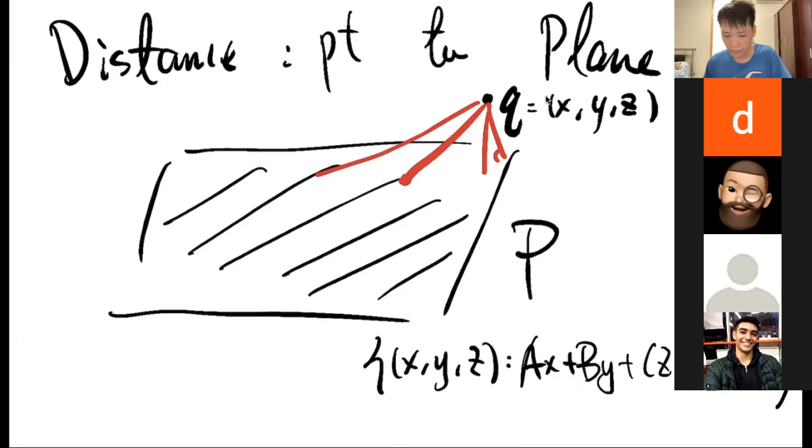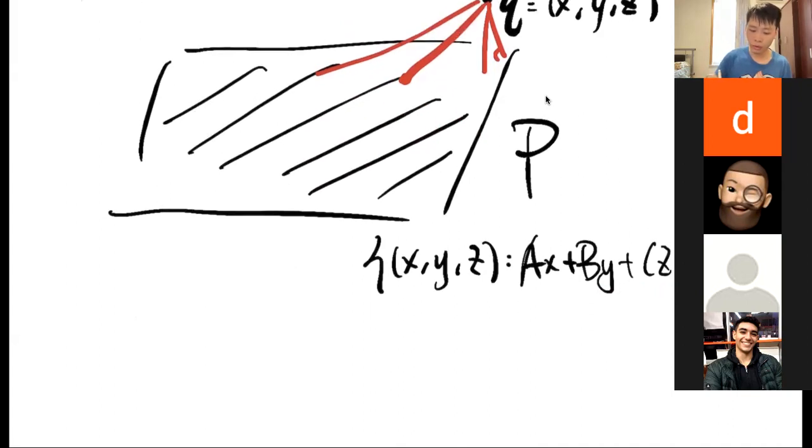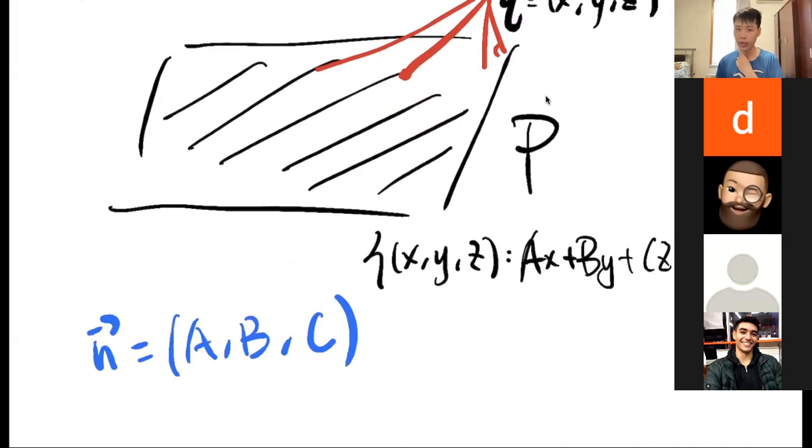All right, and the normal vector to the plane P, by this formula, looks like this.